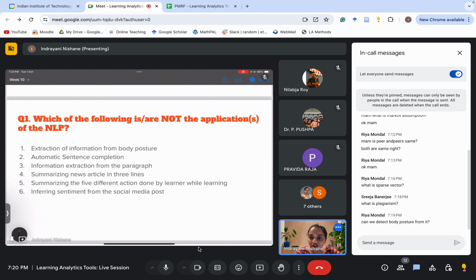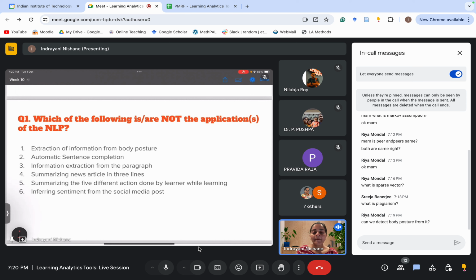Extraction of information from body posture: if the body posture is like this, then am I interested, or if I'm yawning, then am I interested or excited, or if I'm frowning, or if I'm sitting upright, then what information is conveyed?